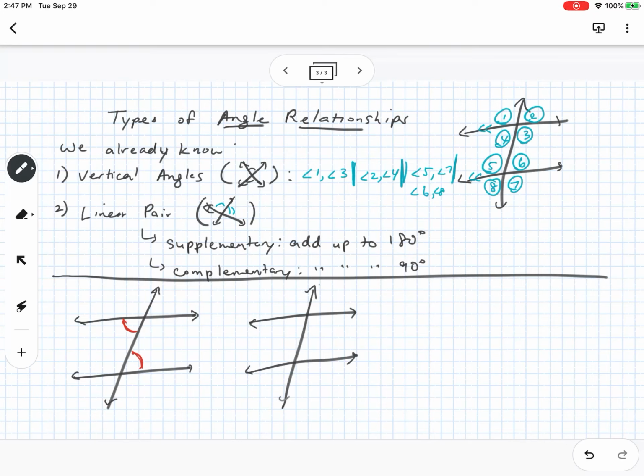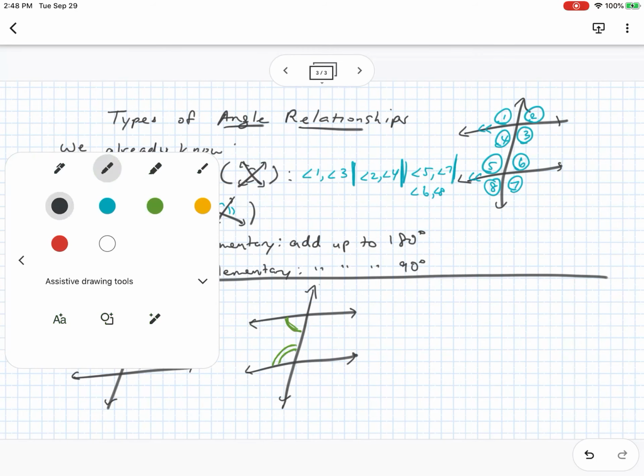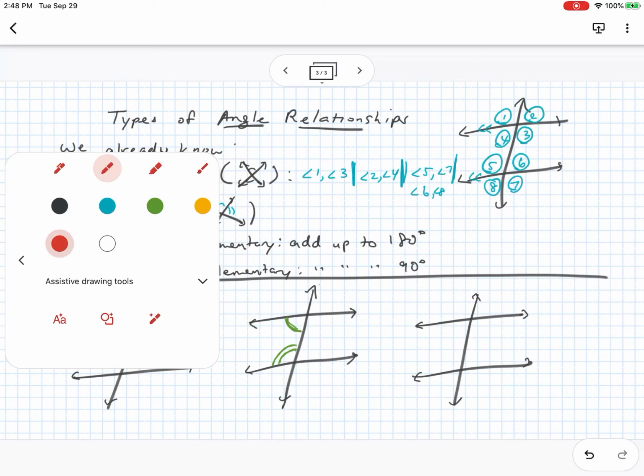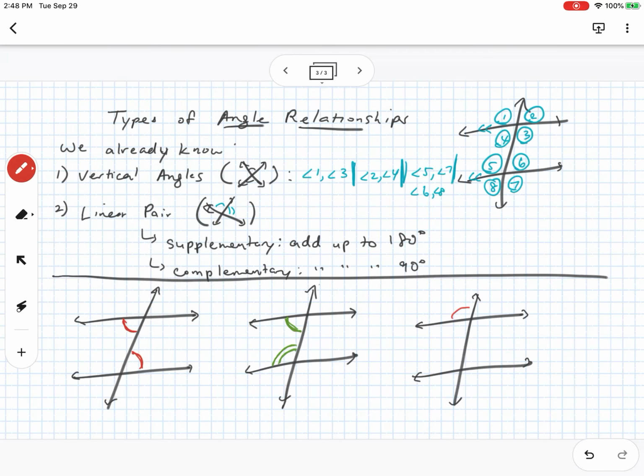And then once again, I'll draw another pair here. Parallel lines cut by transversal. And then I'll go ahead and mark this guy with this guy. And notice the marking I've used is a little bit different here, right? And then the third type of angle relationship we're going to talk about, like this.